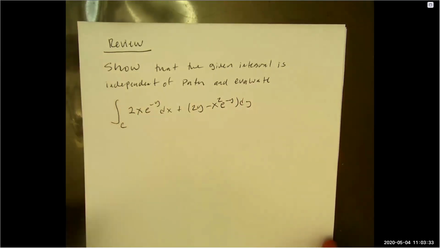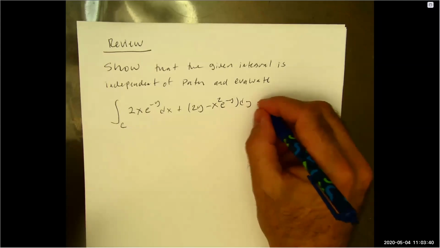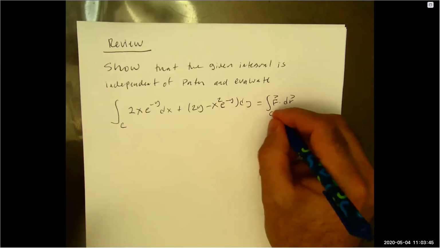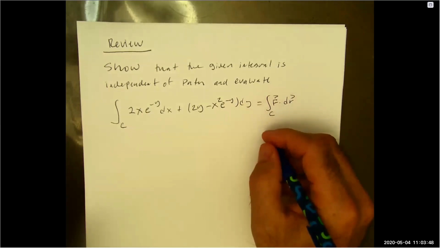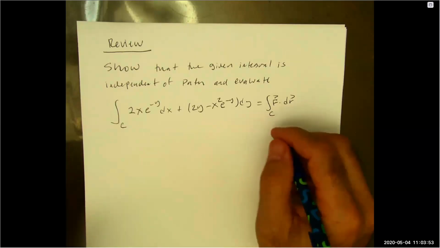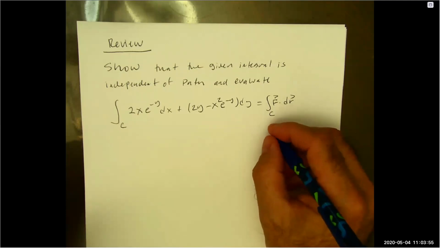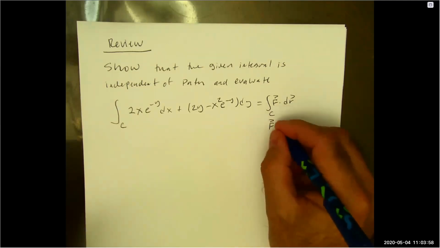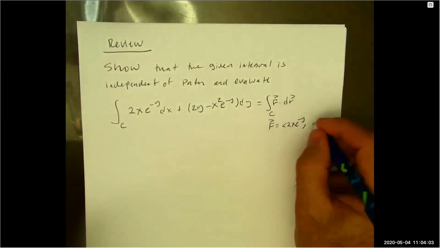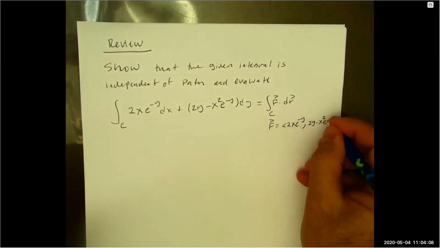And so if this integral is written in differential form, but if we wrote it in the form F dot dr over C, the F would be, in this case, equal to 2x e to the minus y, and then 2y minus x squared e to the minus y, like that.